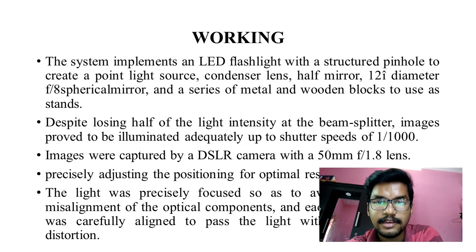Images were captured using the camera by adjusting the positions for optimum result. The light was precisely focused so as to avoid aberrations and misalignment of the optical components, and each of the components is carefully aligned to pass the light without interference and distortion.